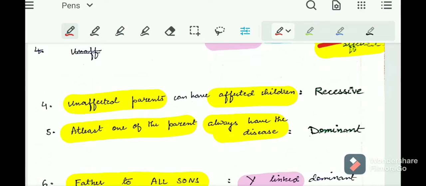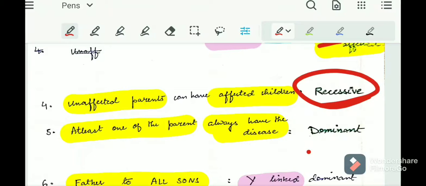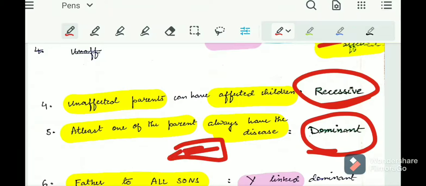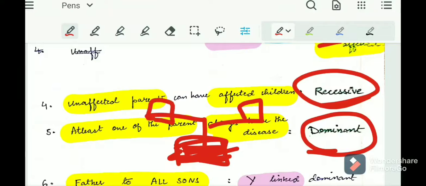Now if unaffected parents have affected children, if the child is diseased but their parents were unaffected, then that is recessive. If at least one of the parents always has the disease, then that is dominant. Suppose the child has the disease and no parents were affected, so that cannot be dominant, that will be recessive.